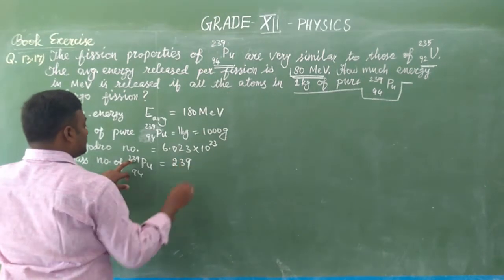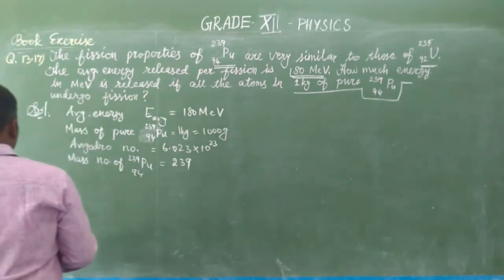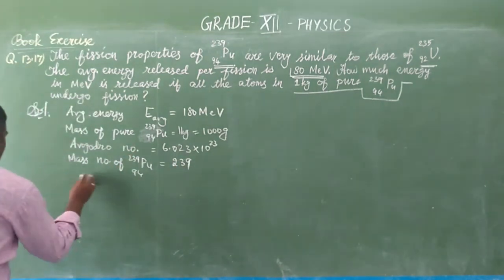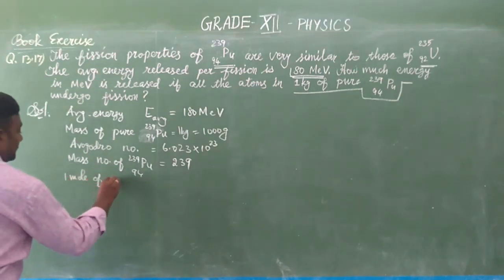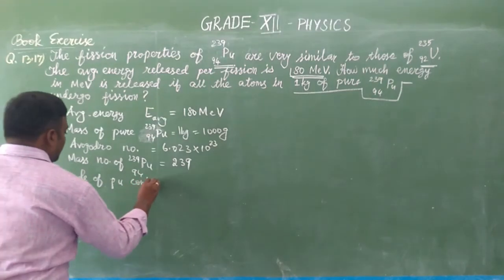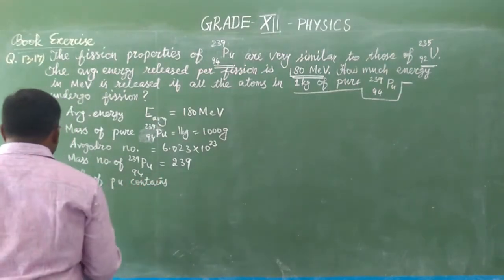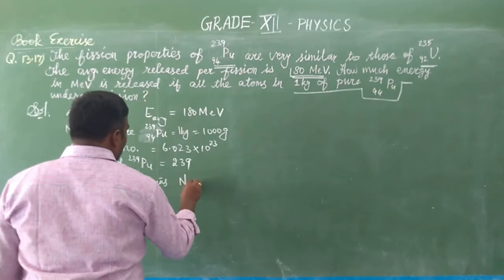So 239 is the mass number of the plutonium, and 1 mole of plutonium contains Na atoms.